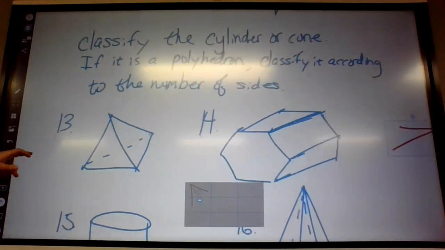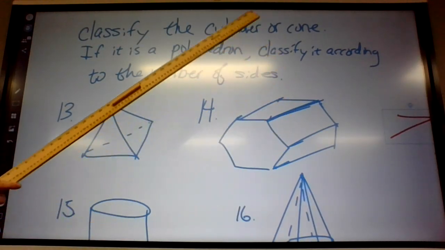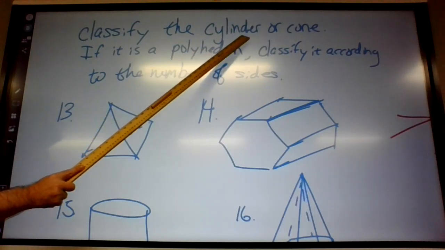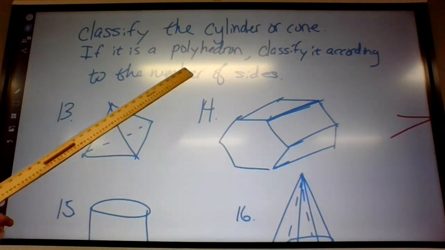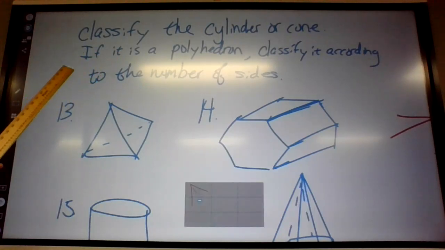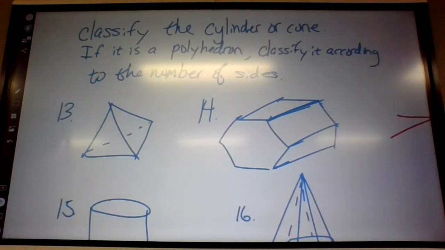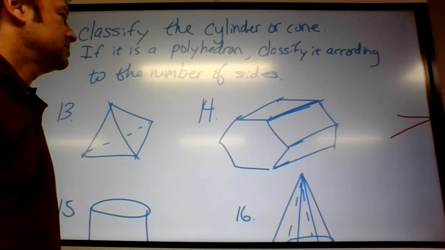Okay, so classify this: cylinder or cone. I don't really like the way they say these directions, but that is the way they said it in the book and on the test. It doesn't mean all of these are cylinders or cones. Is number 14 supposed to be 3D? Yeah, these are all 3D. Is it supposed to have the dotted lines on the other side?